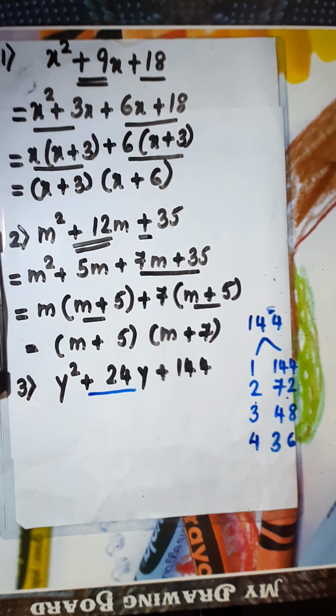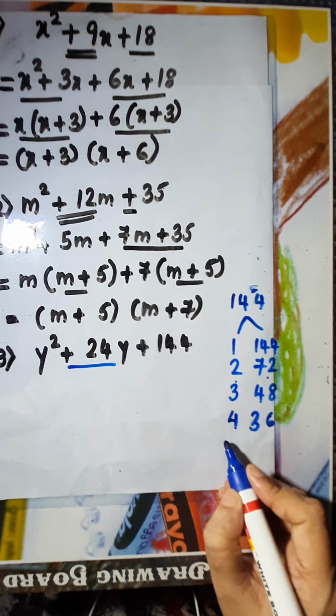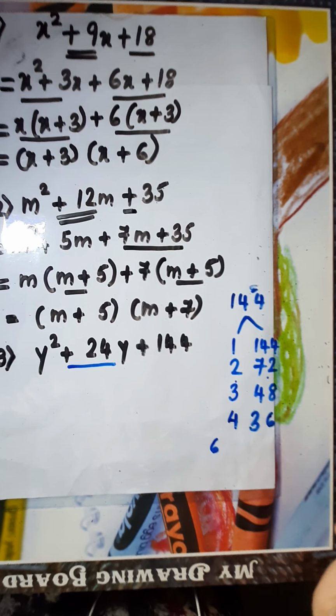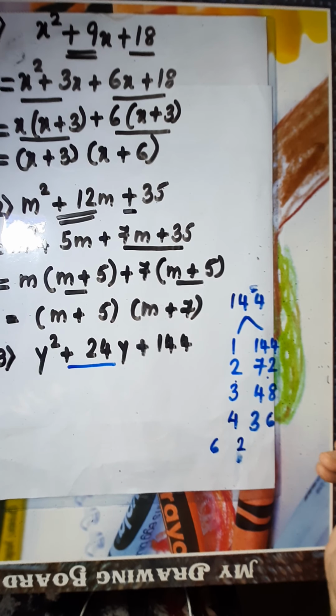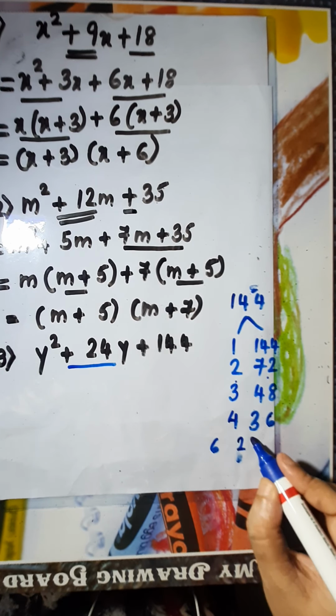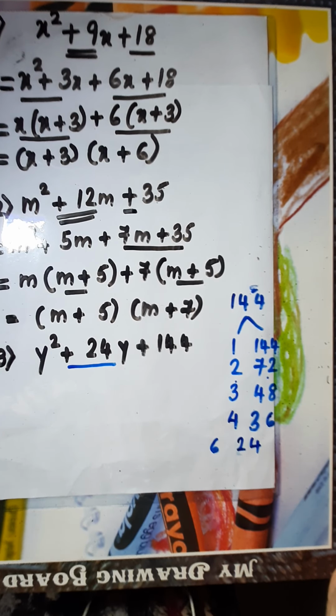Is it possible? No, it's not possible. Okay, can you see this? Okay, 5 doesn't go, 6 goes. 6 1s are 6, 7, 8, and 6 2s are 12. 4s are 24. Not possible. Correct? Now let's see 8.